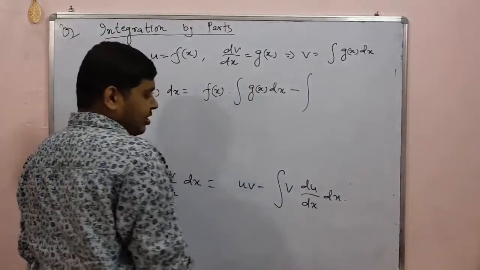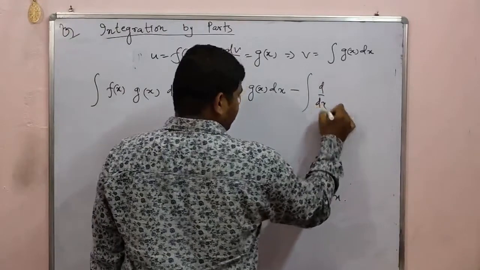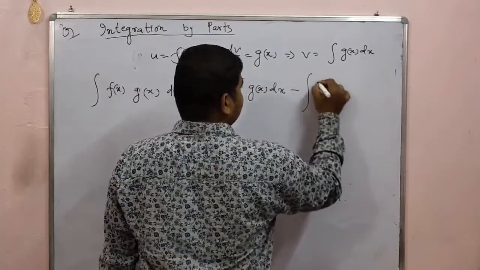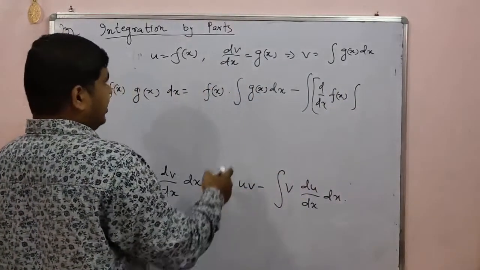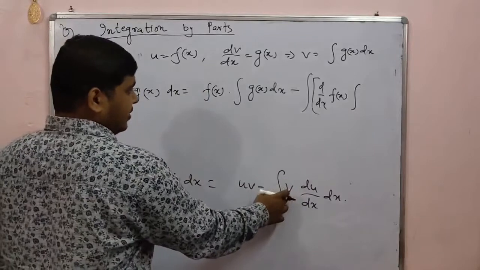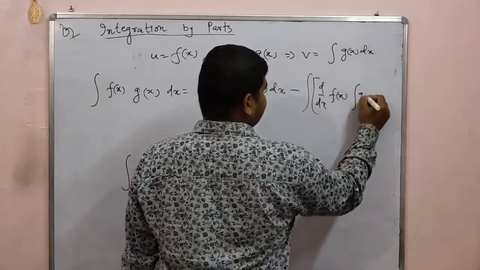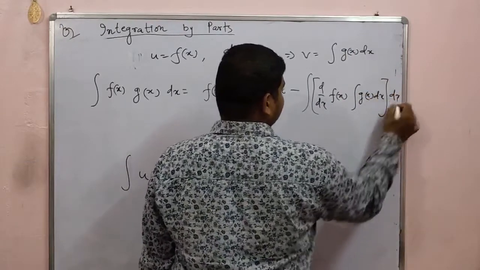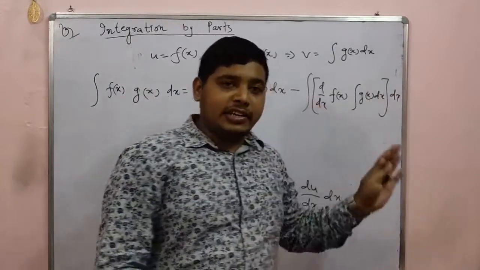We write du by dx first, so the derivative of u, that is the derivative of f of x, into v, that is the integration of g of x dx, whole dx. First we multiply these two, and after that we integrate it.